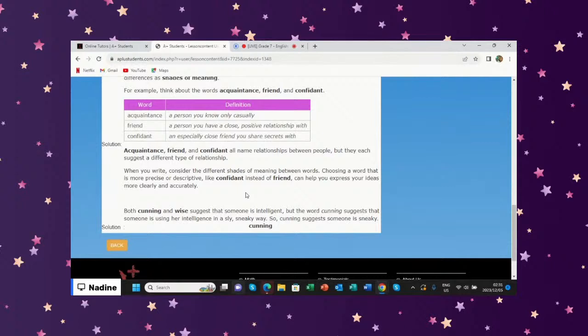Wise is to do with wisdom. Cunning is also when someone is intelligent, but cunning suggests that someone is using her or his intelligence in a very sly, sneaky way. And that is what we call cunning. Which means that the word that suggests someone is more sneaky is cunning, because cunning suggests that someone is sneaky. They're being sly.